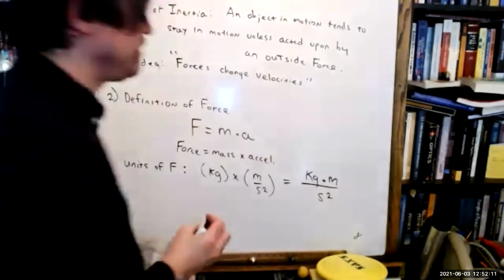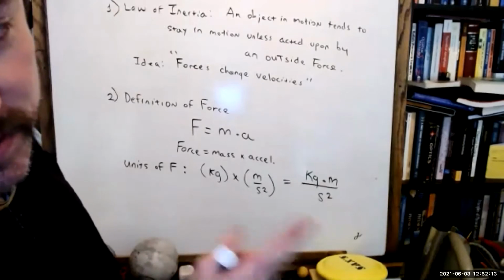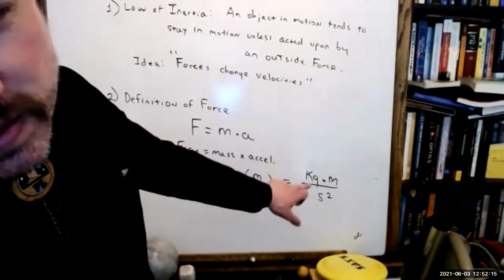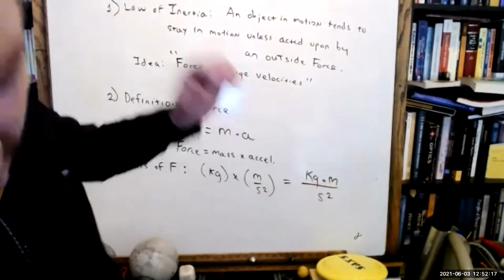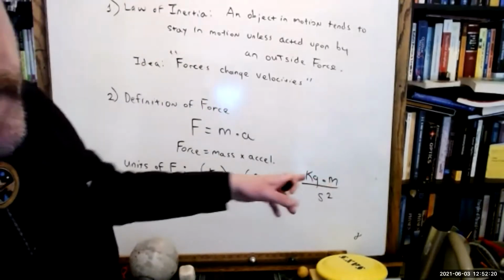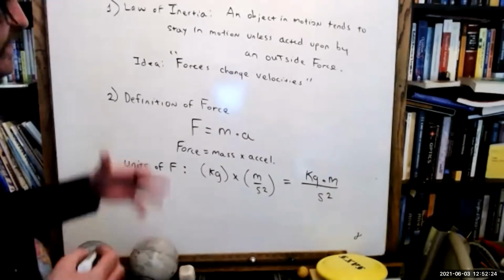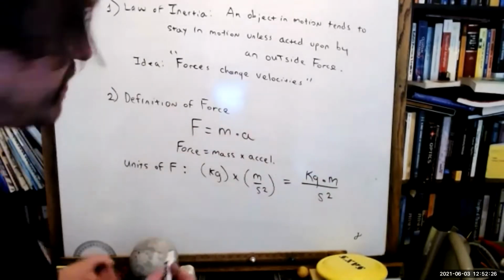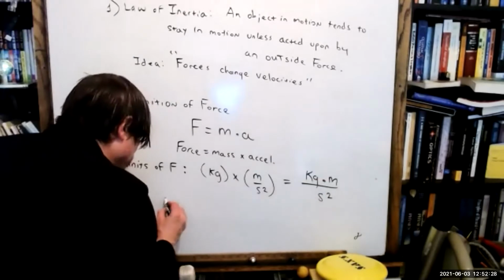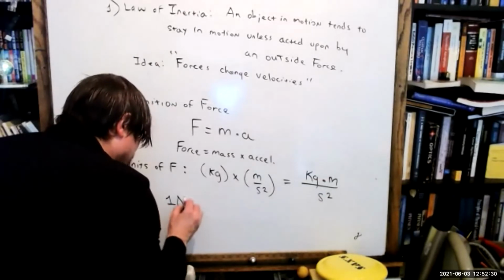The way we say this is kilogram meters per second squared. If you want, you can say kilogram times meters per second squared. That's a little bit more of a mouthful. So people usually say kilogram meters per second squared. And we redefine the kilogram meter per second squared as 1 Newton of force.